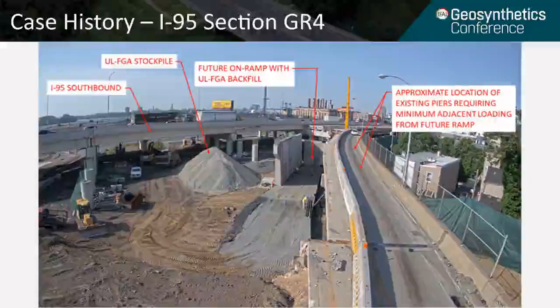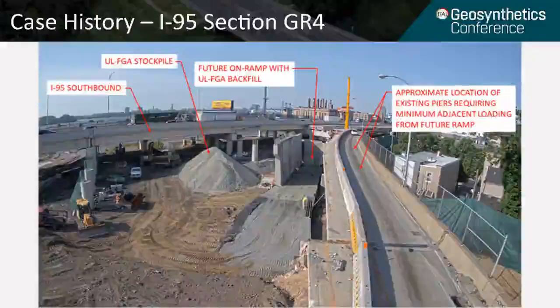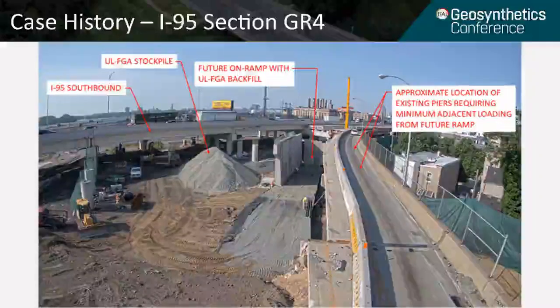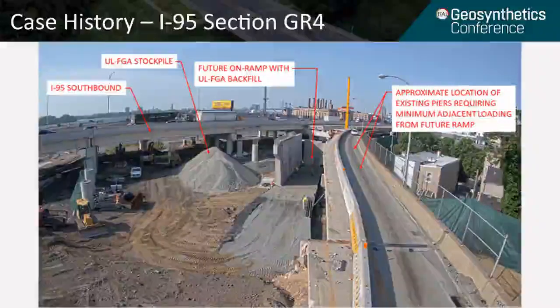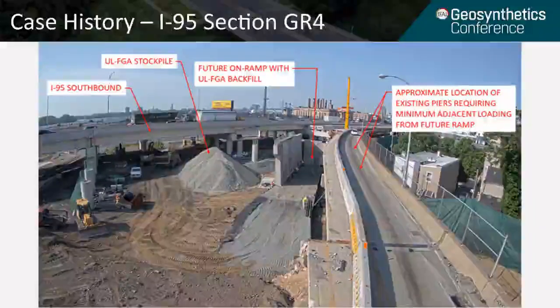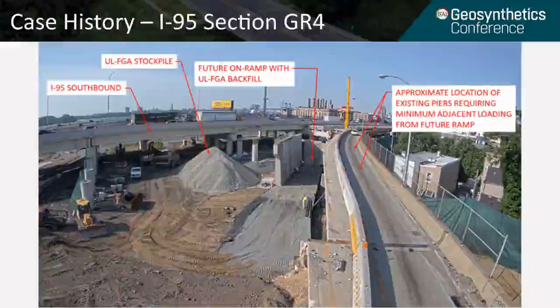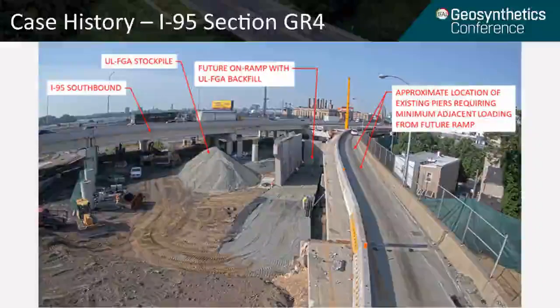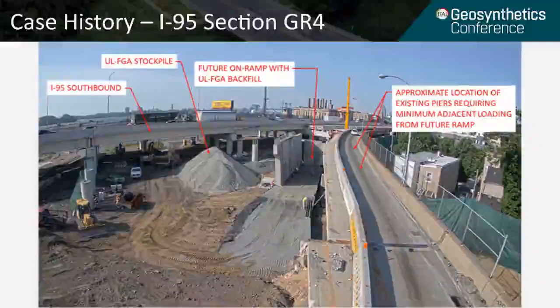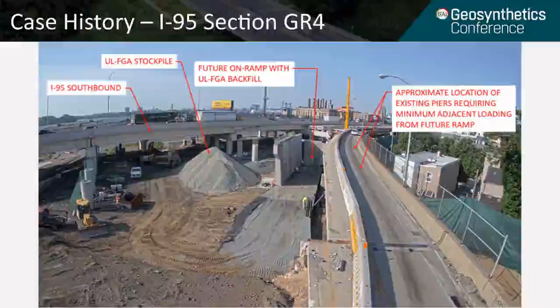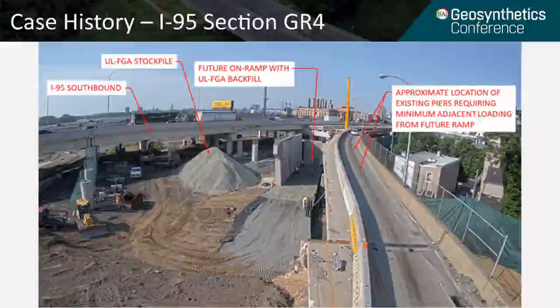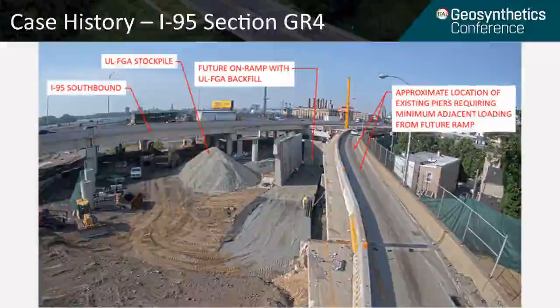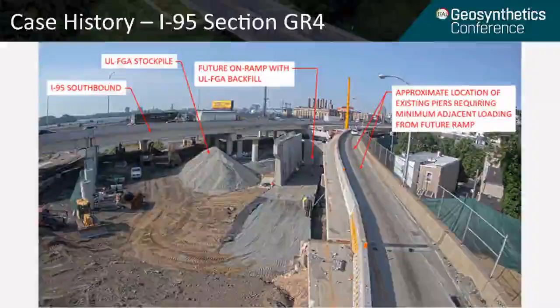The contractor did have a selection of what they wanted to use for their supportive excavation design. You can see the foam glass aggregate being stockpiled in this photo. The total ramp height is about 30 feet high, and the lightweight materials were only used in the section adjacent to the columns and deep foundations of the existing ramp.